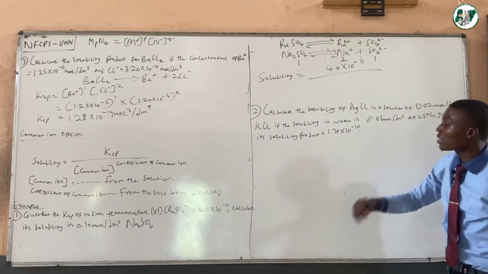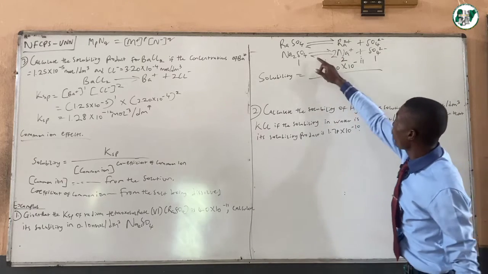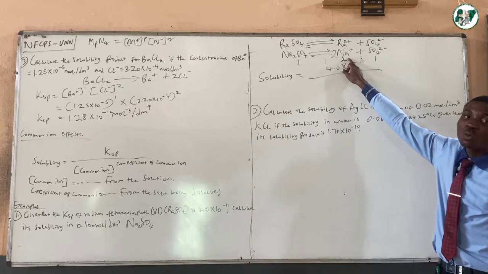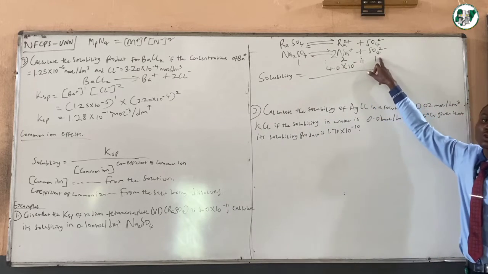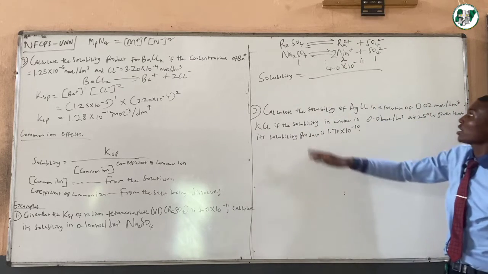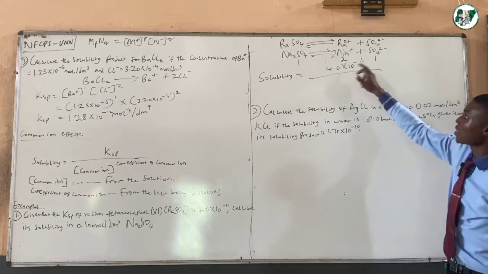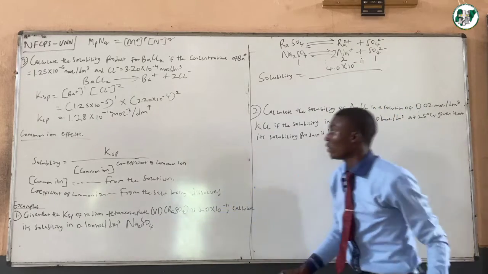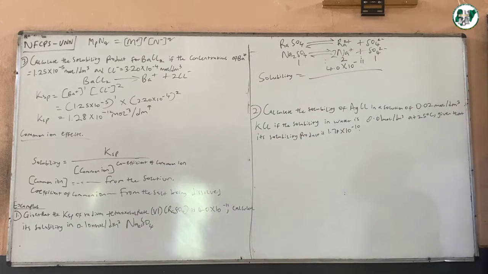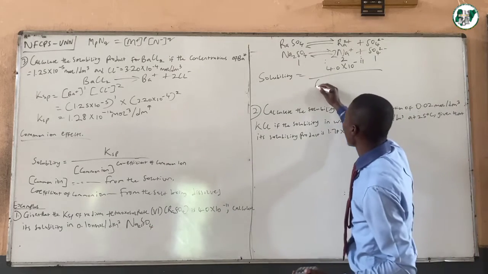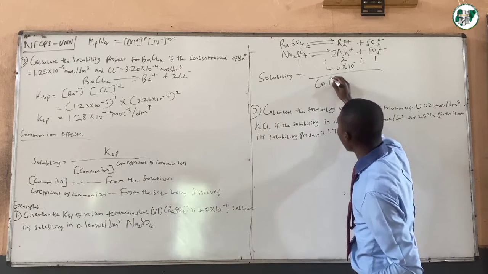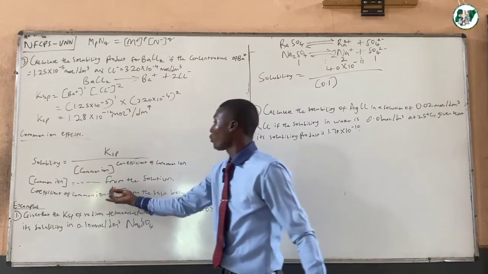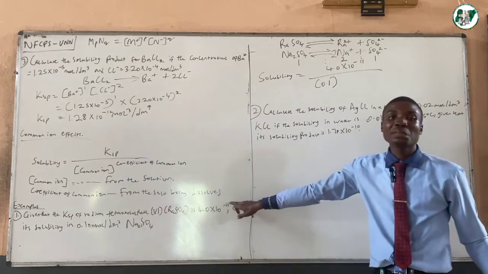What it simply means is that for 0.1 mole of sodium tetraoxosulfate(VI), you get 0.2 mole of sodium and 0.1 mole of sulfate. So what's of interest to us here is the sulfate. Since it is 1:1, the concentration of the sodium tetraoxosulfate(VI) will be the same as the concentration of the common ion here. So we simply have 0.1. And the coefficient we are going to use is the coefficient of the common ion from the salt that is being dissolved.